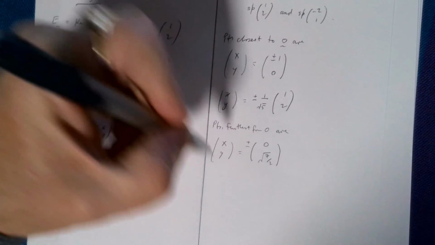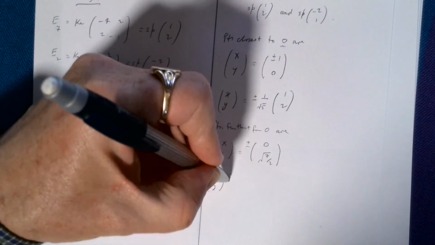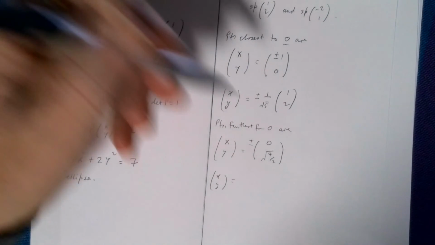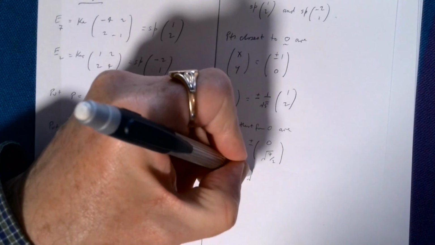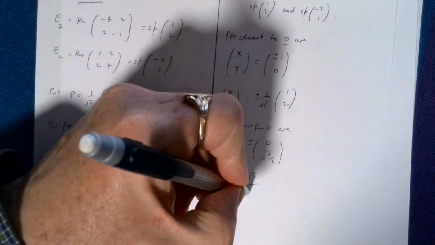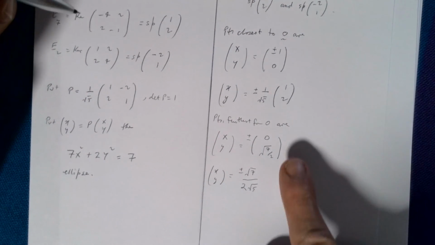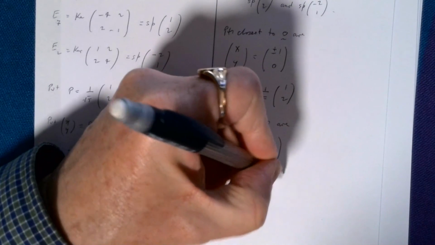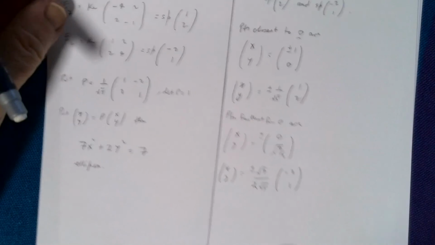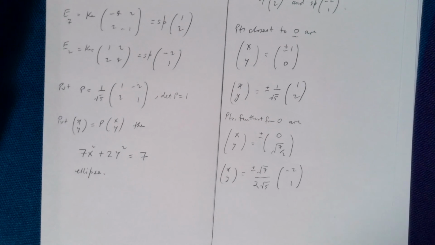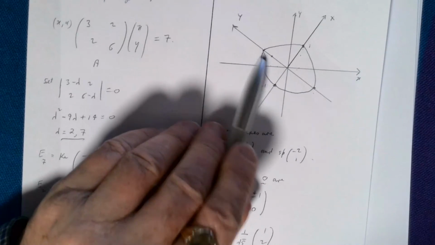And so the little x and little y then are going to be plus or minus root 7 on 2 multiplied by the P matrix. So I'm going to get a root 5 there, and this is now 0, 1, so this is minus 2, 1. And so they will be the 2 points furthest away from the origin on the ellipse. They correspond to these 2 points here.